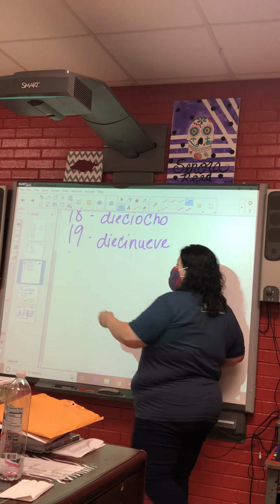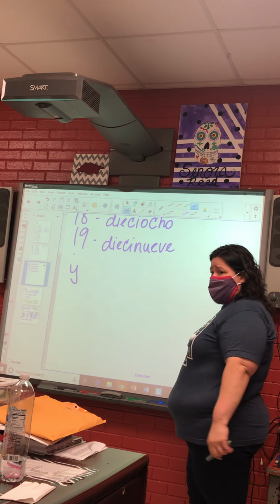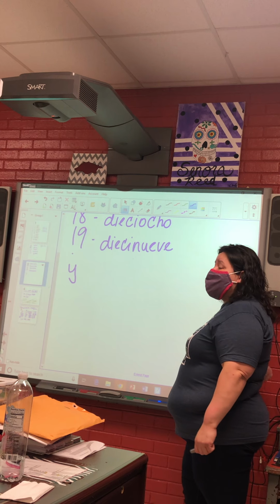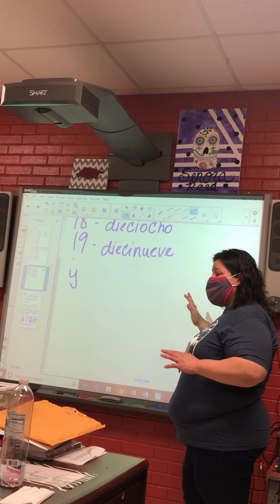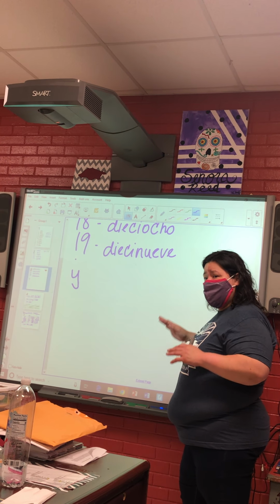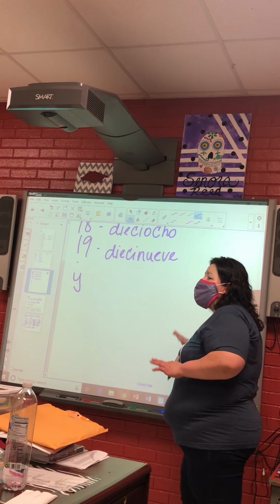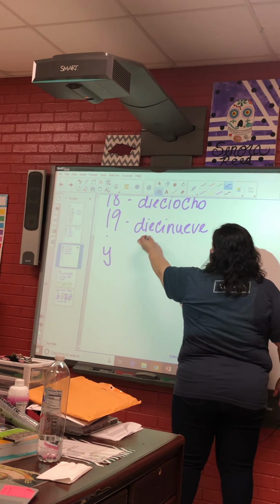When you see the letter Y by itself in Spanish, the way you say the letter is different, but by itself it's also a word, which we pronounce E. E means and, okay?